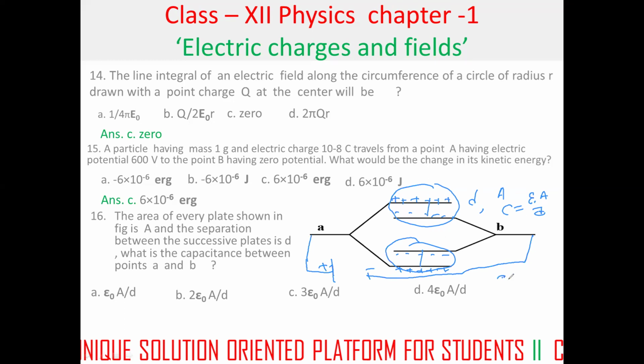They are both equal, so epsilon naught A by D plus epsilon naught A by D, and after summing this becomes 2 epsilon naught A by D. So this is the answer.